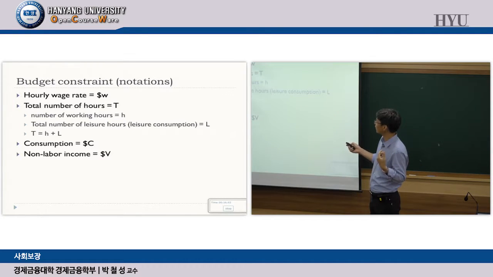T is going to be divided into two things we assumed. One is working: the number of working hours, we use H for it.